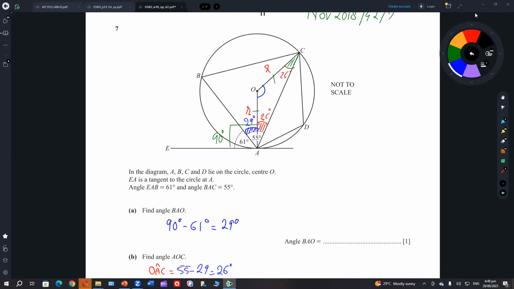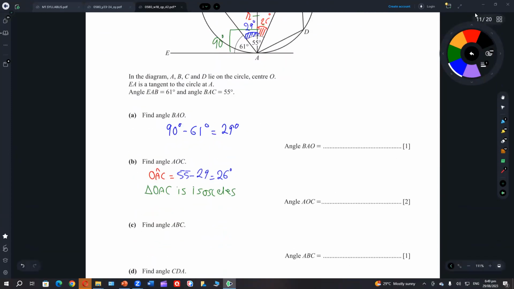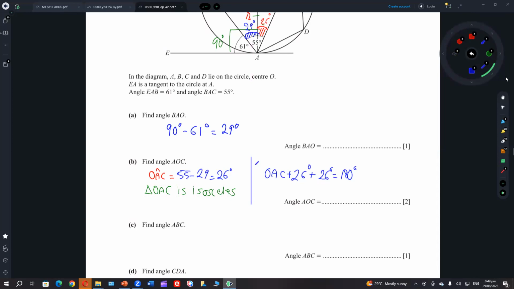How can I find the third angle? We have to add them. 180. Yes. Sum of angles in a triangle is 180. So 180 minus 52 gives 128.